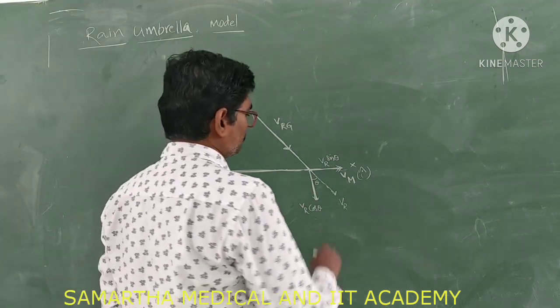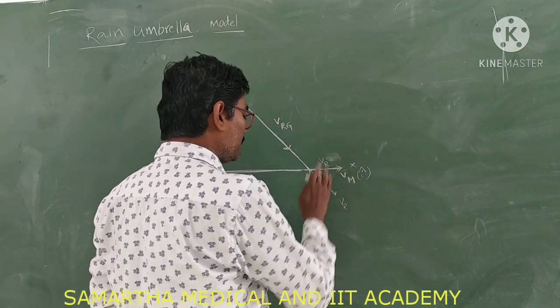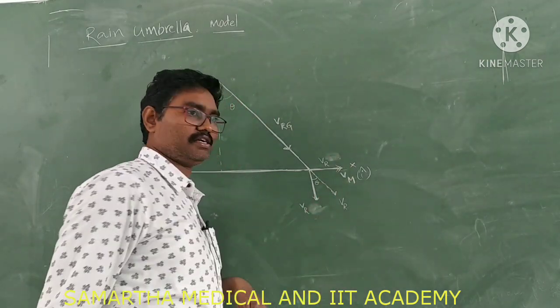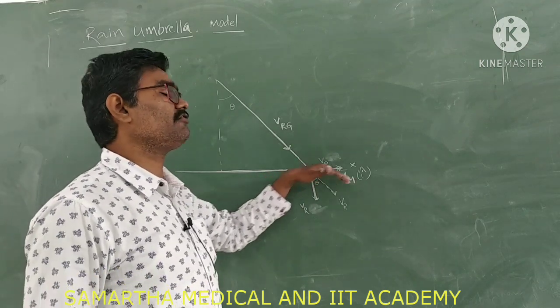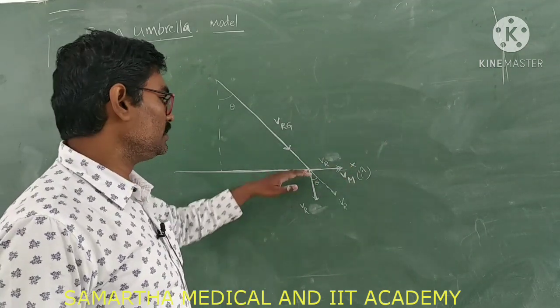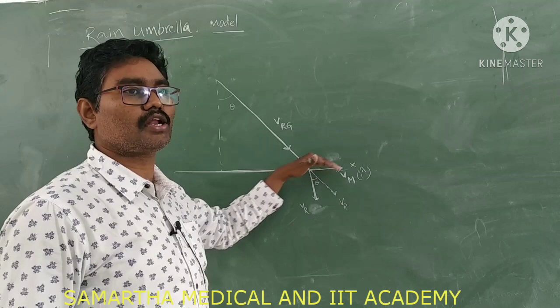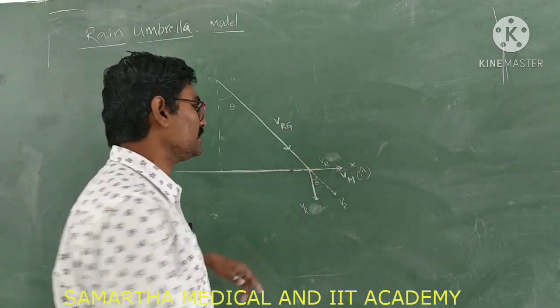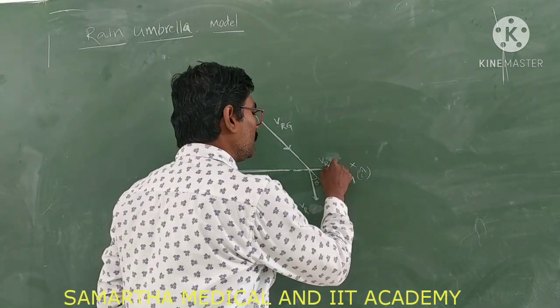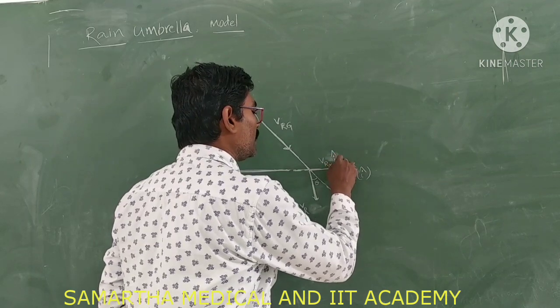Or, if you don't want to write in terms of cos theta and sin theta, you can write in the form of vectors. Since one component is along the x-axis, you can write Vrx into i cap.